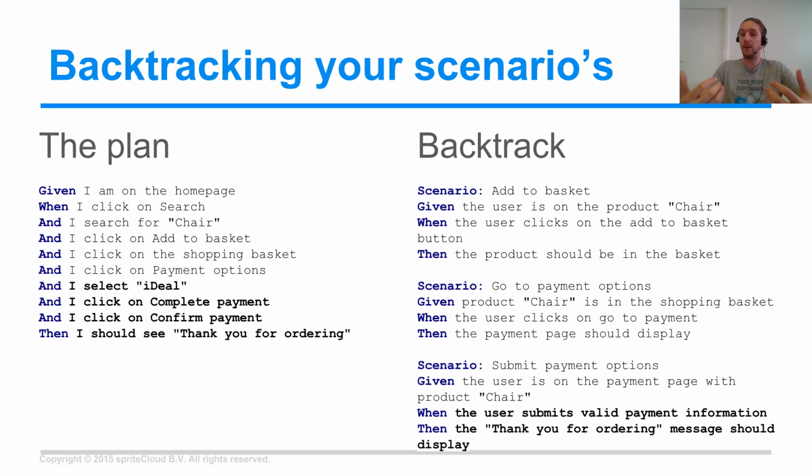It's about that when somebody reads it, that user understands the general idea of what's going on in the background or what they have to execute. Then the thank you for ordering message should display in the end.